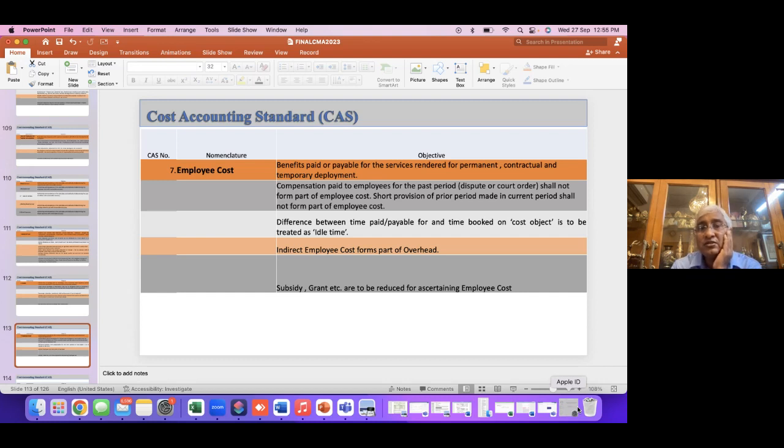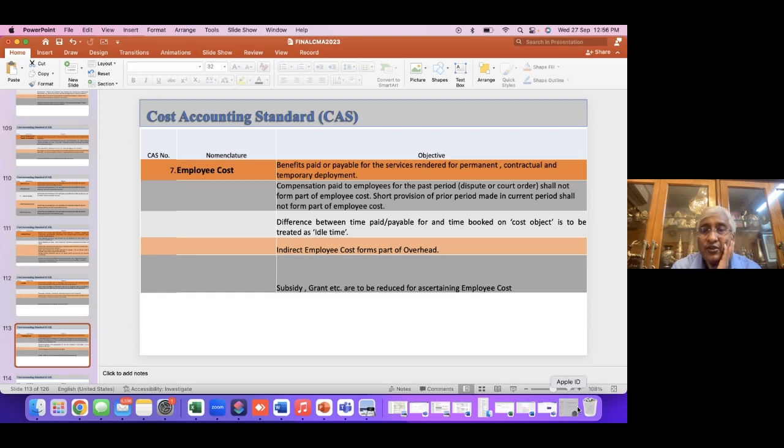Short provision of a prior period made in the current period shall not form part of employee cost. Difference between time paid or payable for and time booked on a cost object is to be treated as idle time. Indirect employee cost forms part of overhead. Subsidy, grant, etc. are to be reduced for ascertaining employee cost.